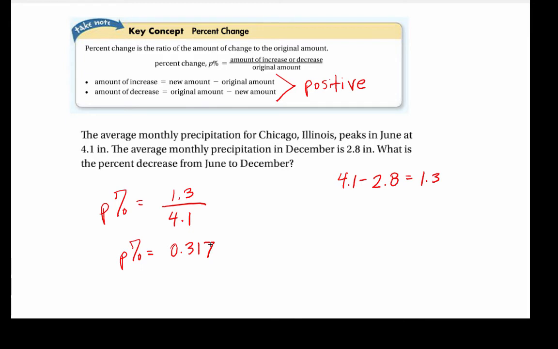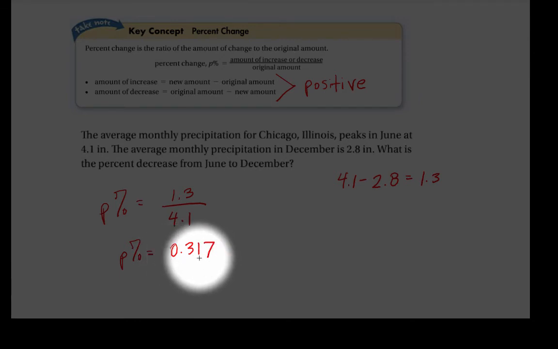Now again, this is where we have to think. The amount of change is 1.3. Is 1.3 about 0.317% of 4.1? If you think about it, 1.3 is about 1/3 of 4.1, and 1/3 as a percentage is 33%. So 0.317% is not the answer.